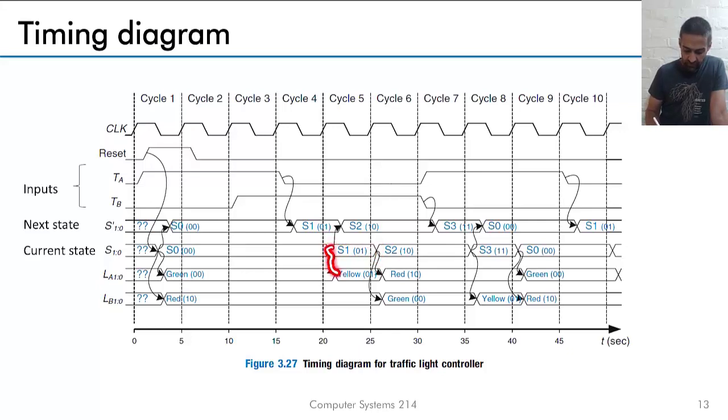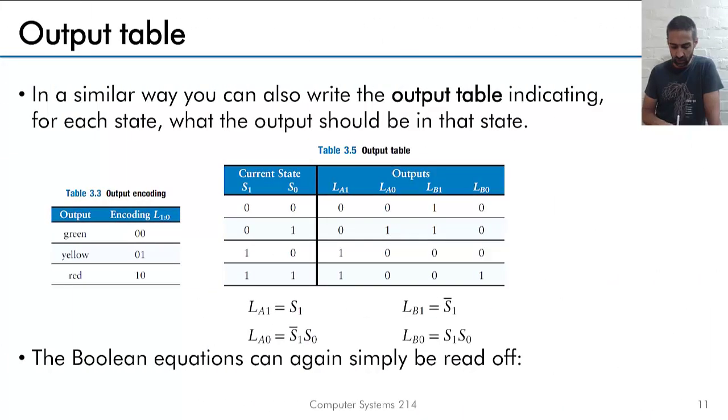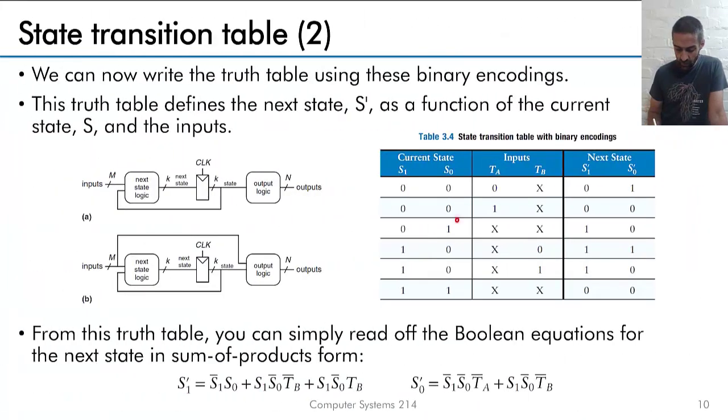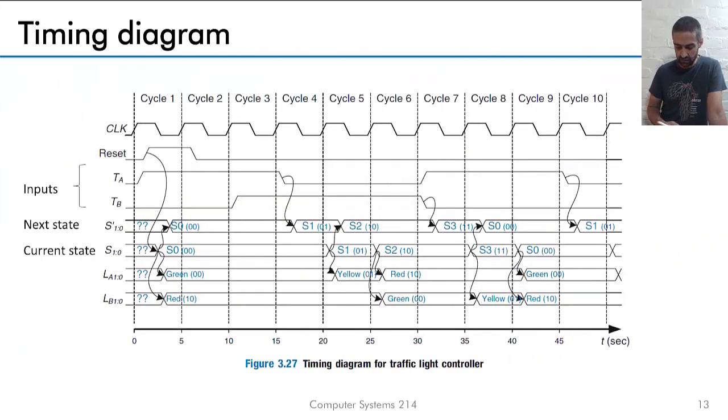Because this changed to state 1, and we configured the system to change into state 2 regardless of the inputs, the output changed to yellow because we're in state 1, but then the next state immediately changed to state 2. Just going to show you in the table why that is. So in state 1, the next state changed to state 2 immediately. This next state logic took that state 1 in and said immediately, hey, next state is state 2. So now it changed to state 2.